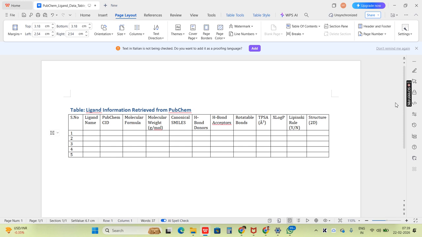Now let's go to PubChem, navigate to one ligand, find all these properties and tabulate them.